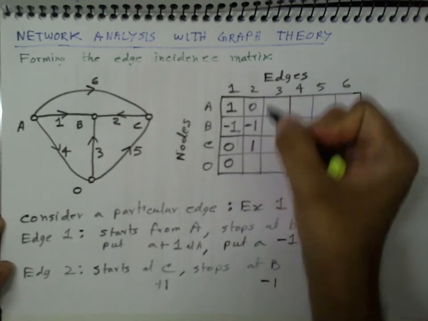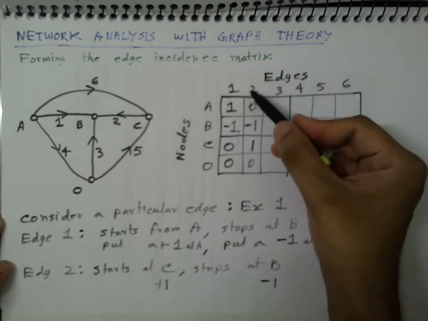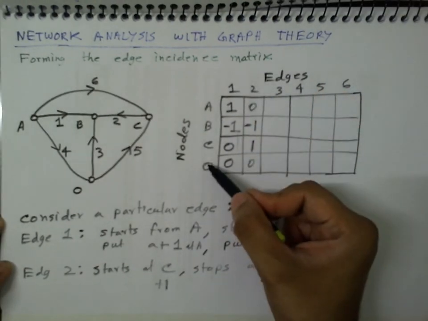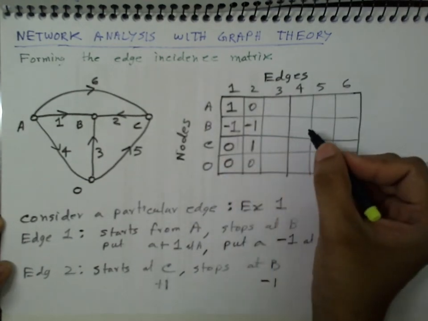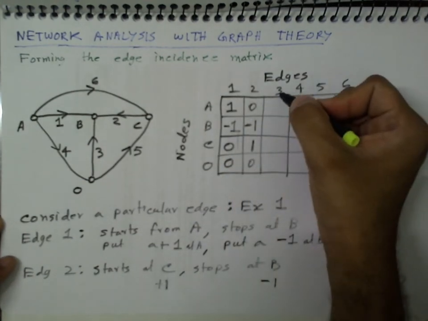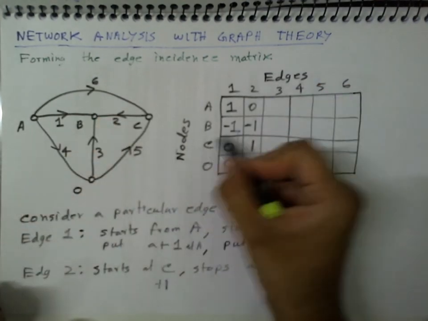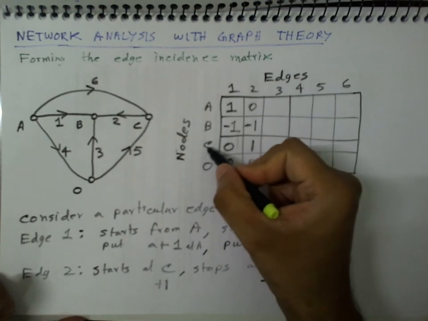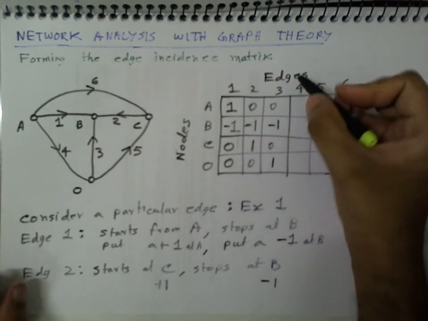And then 0, 0, because edge 2 is not connected to node A, edge 2 is not connected to node O. Similarly, let me fill this table up now a bit quicker. Edge 3 starts from O, goes to B. So starts from O +1, goes to B -1, 0 and 0.